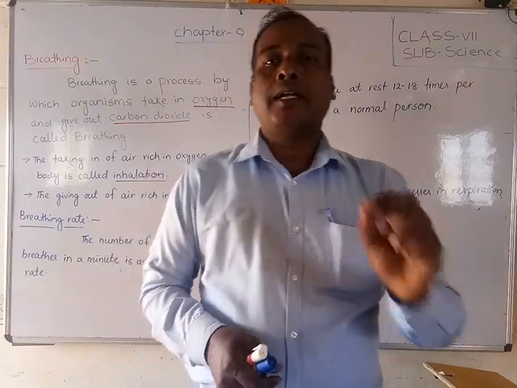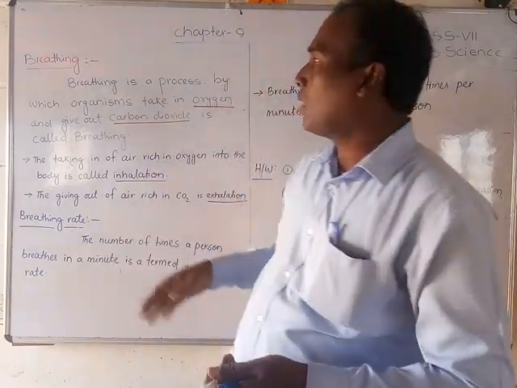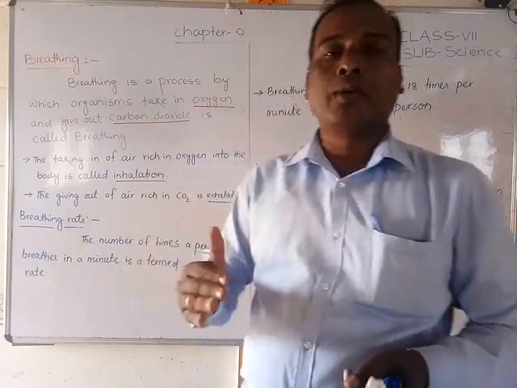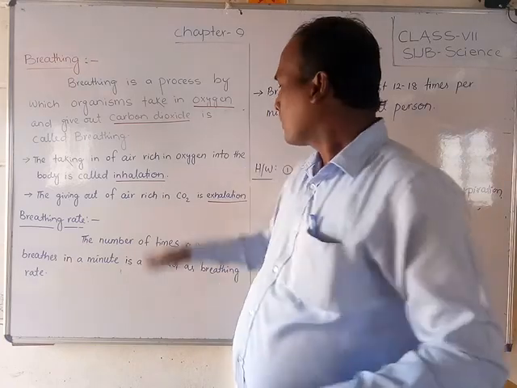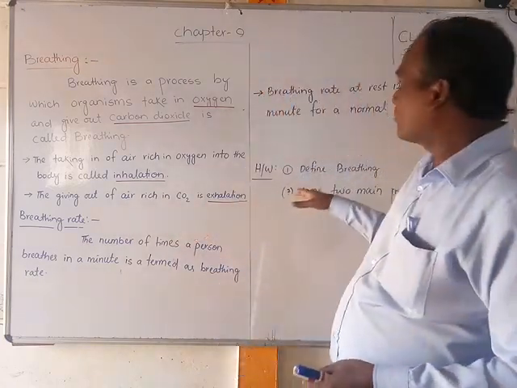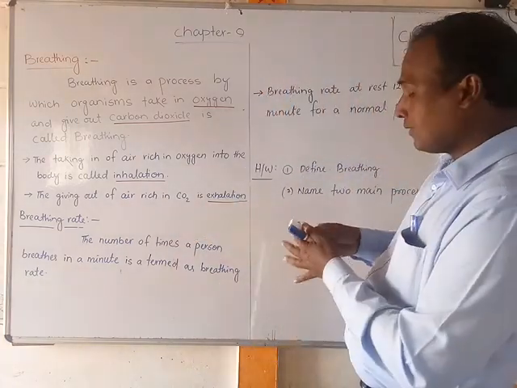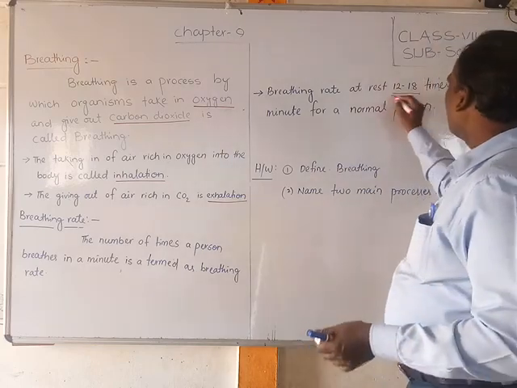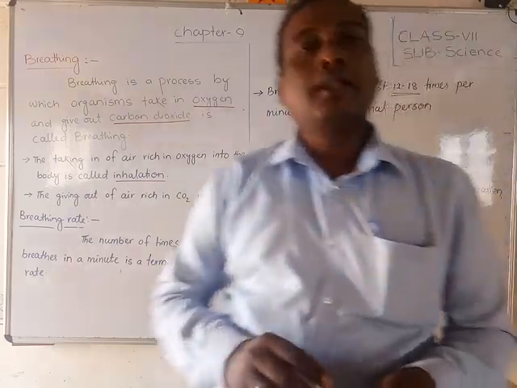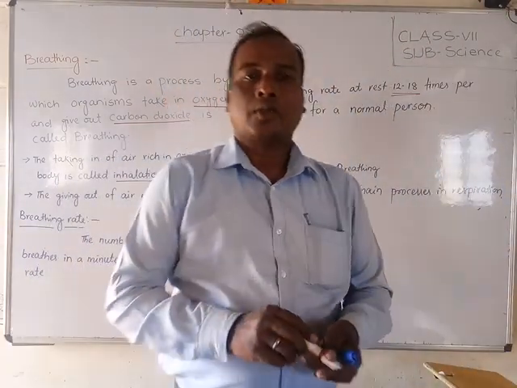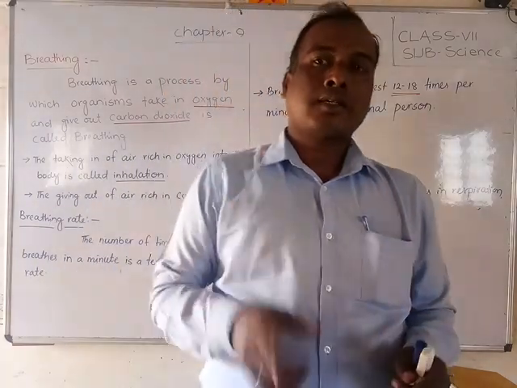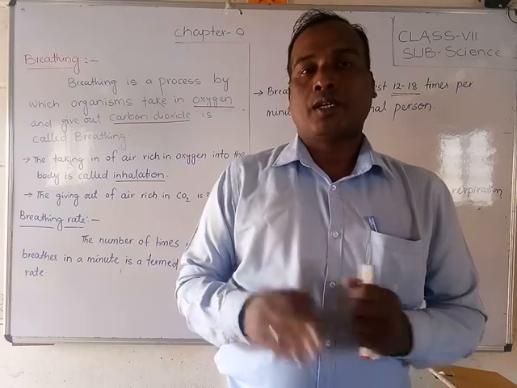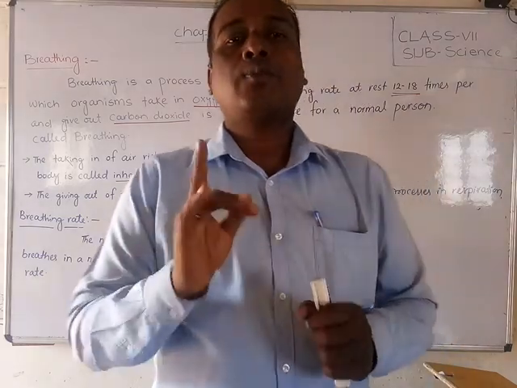In the books it is given as 12 to 24 or 12 to 18. You can write 12 to 18. So if a person is sitting simply or taking rest, the breathing rate is 12 to 18 per minute.